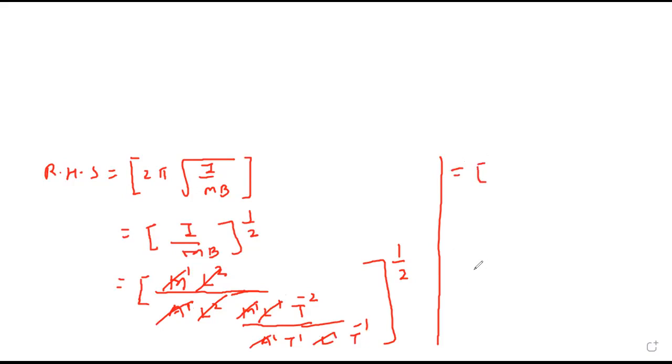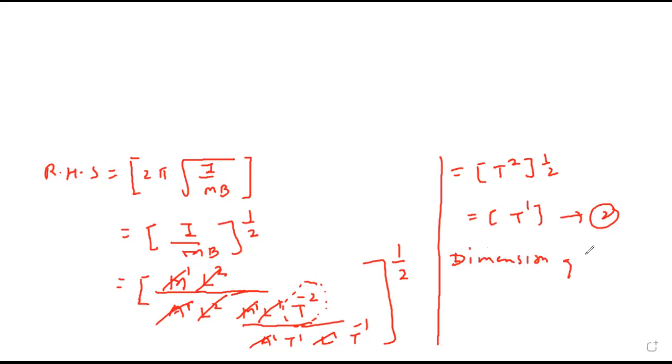T0. So only left out is this, correct? If this goes up, it will become plus 2 power half. So it becomes T1. Is it same as our left hand side dimension? Yes. Therefore dimension of LHS is equal to dimension of right hand side.